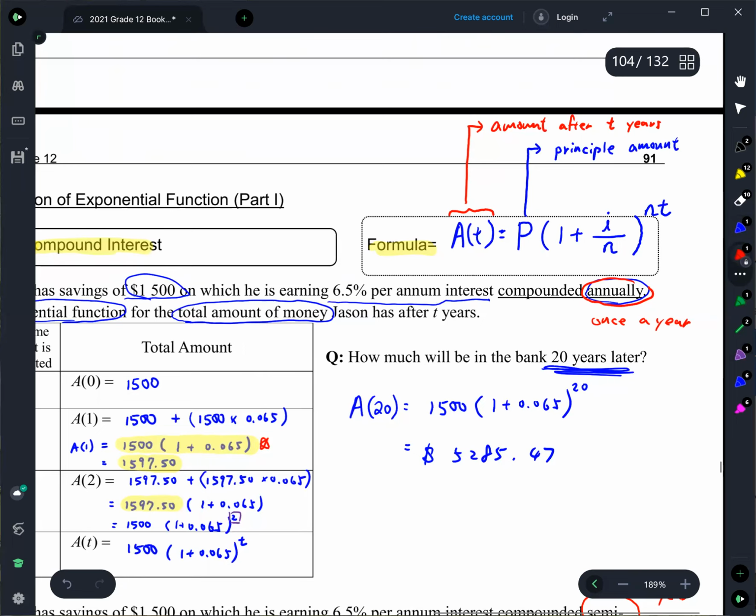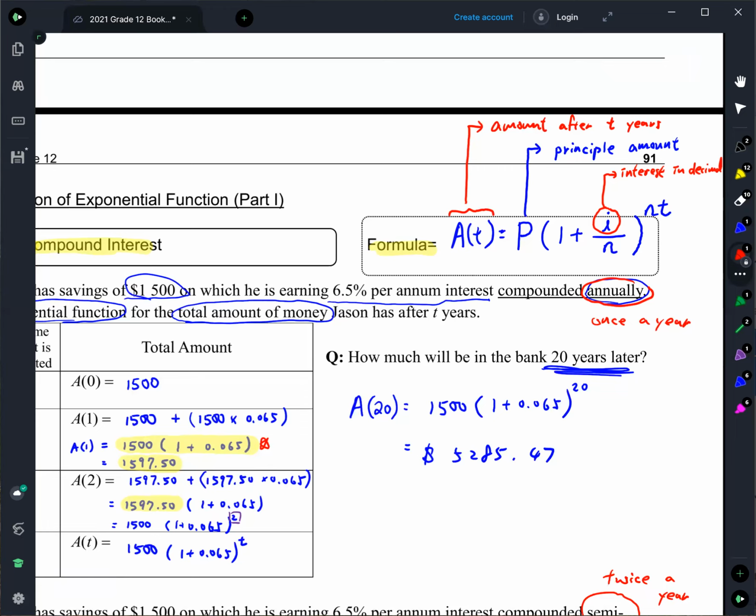And then the I is the interest rate, in decimal. Because usually they will give you in percent, you have to turn it into decimal. And then T, of course, is the time, and it's in years. And then the N, most importantly, is the N.